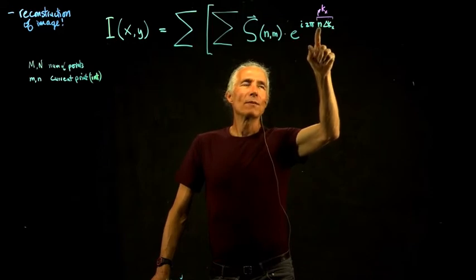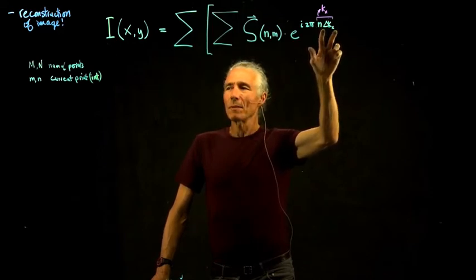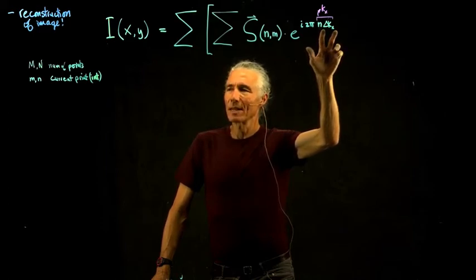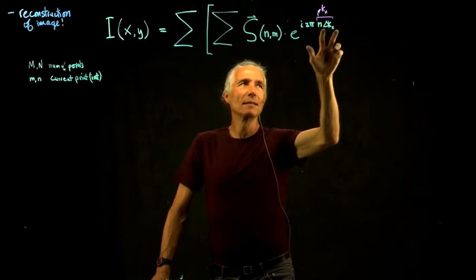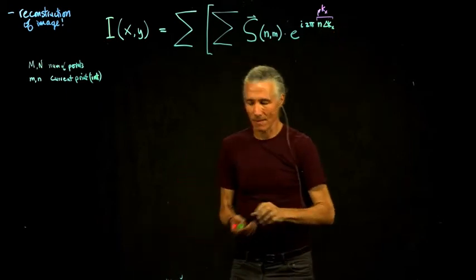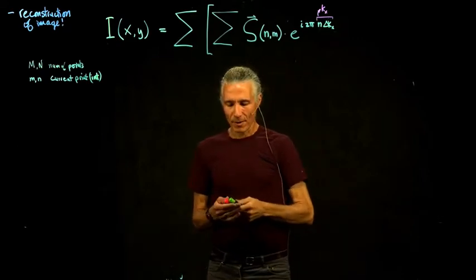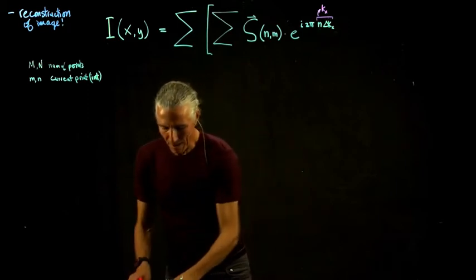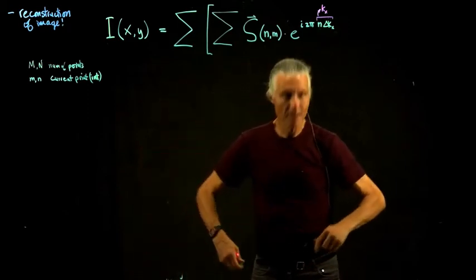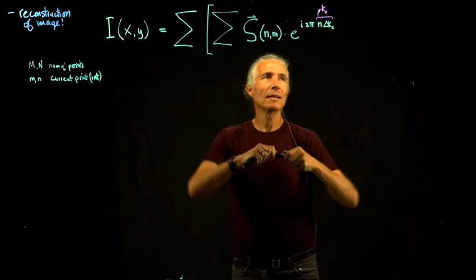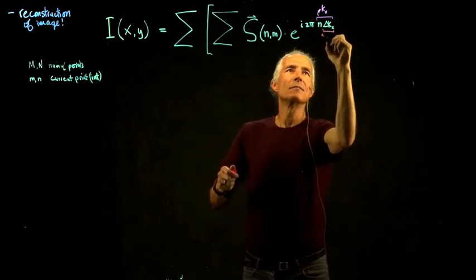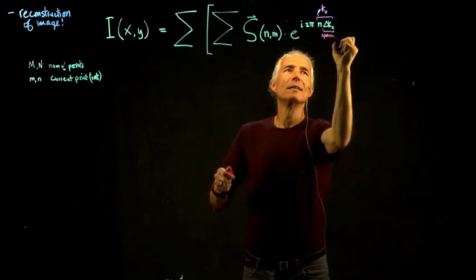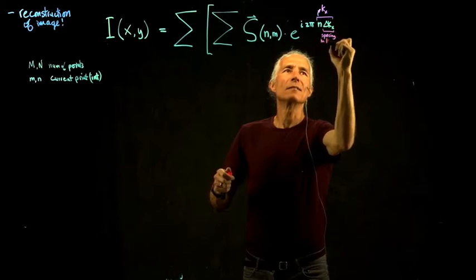So it's 1, 2, 3, 4 times the spacing in k-space, the spacing in spatial frequency to the next k-space point. So that's the only difference in the discrete Fourier transform equation. And so this is the spacing in k-space.